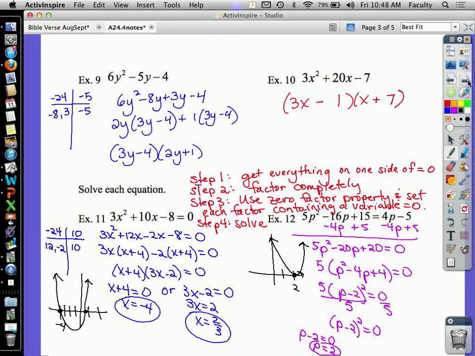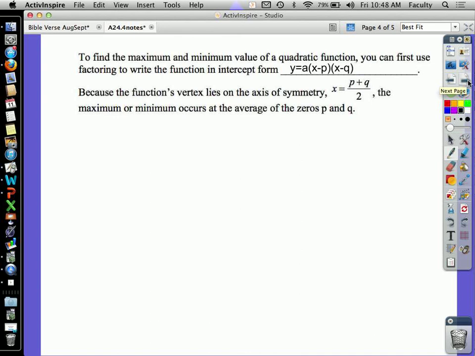Because that leads me to the next idea here. To find the maximum and minimum value of a quadratic function, you can first use factoring to put it in intercept form. Y equals a quantity x minus p times x minus q. And because the function's vertex lies on the axis of symmetry, it's going to be the minimum or maximum at the vertex. Okay, we know that.